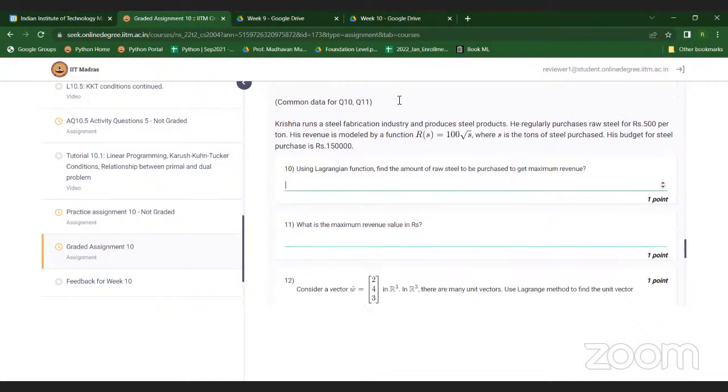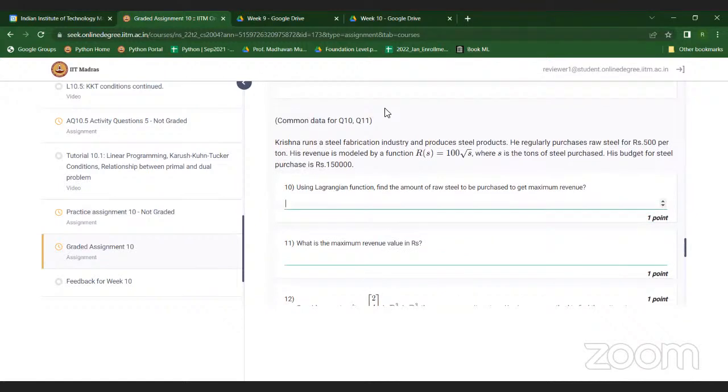Can you show how this question will be done? You just need to write the constraints. I just told you the constraints and the objective function, and then you need to write the Lagrangian function, right?